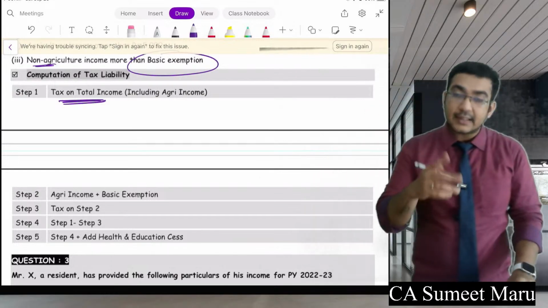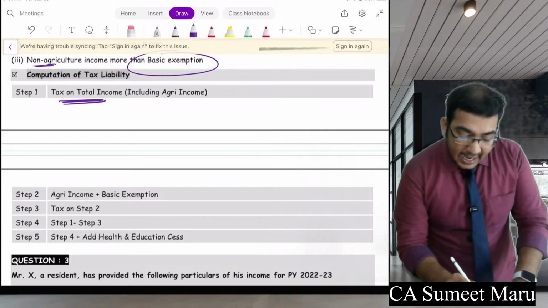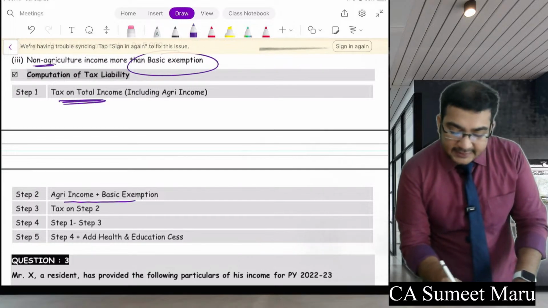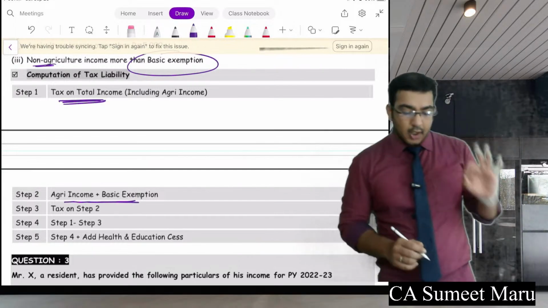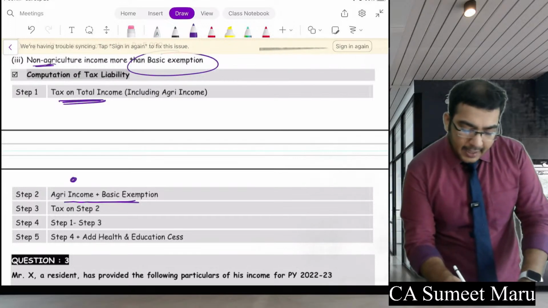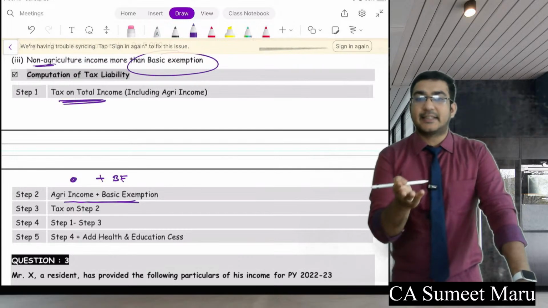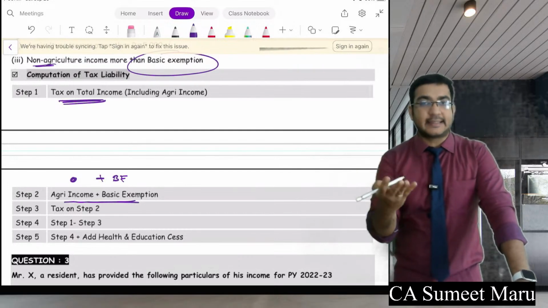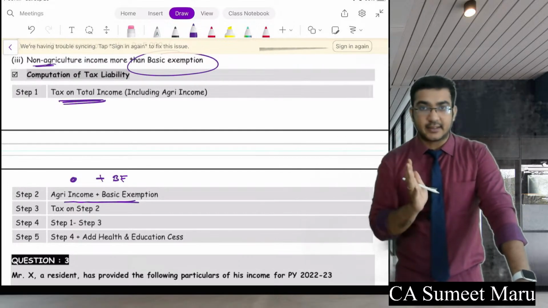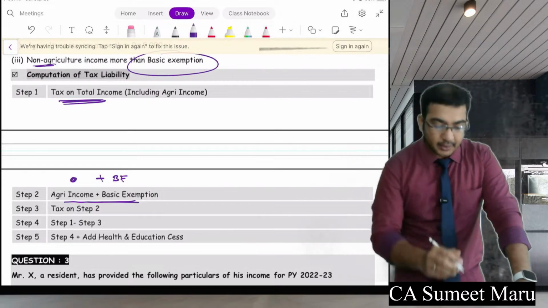Second, add agriculture income with the basic exemption. Whatever your agriculture income is, add the basic exemption to it. If the age is below 60, the basic exemption would be 2.5 lakh, 60 to 80 it is 3 lakh, and 80 and above it is 5 lakh. You will add this to the agriculture income.